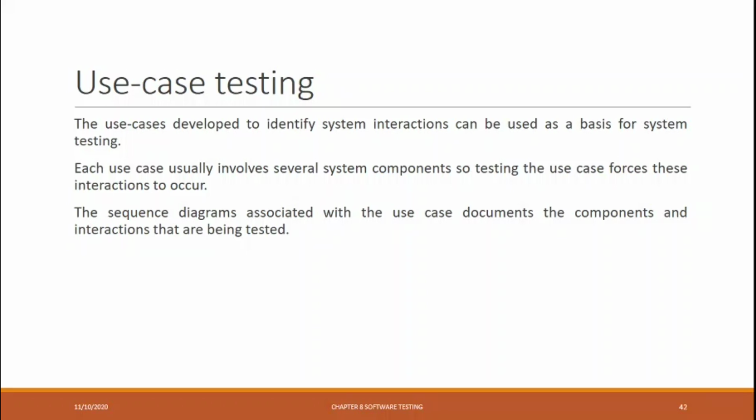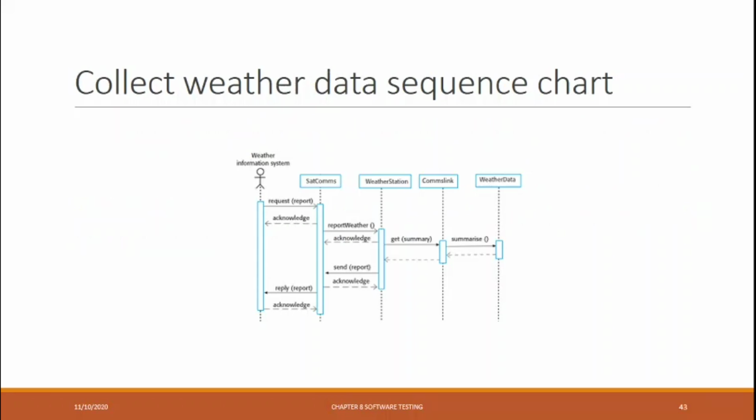The sequence diagram associated with the use case documents the components and interactions that are being tested. So use case testing is also used to test the system, or integration testing. You can see this diagram is a collect weather data sequence chart.